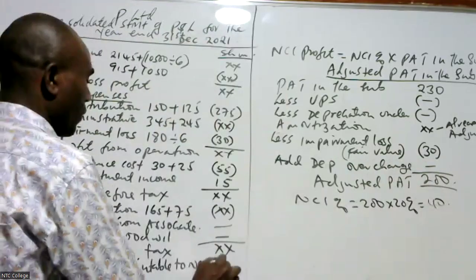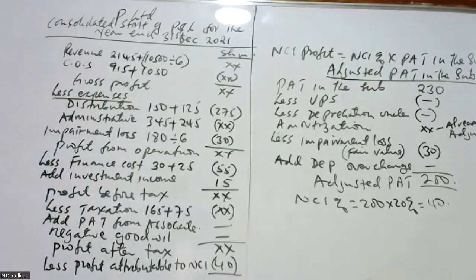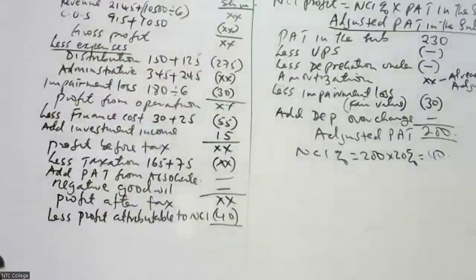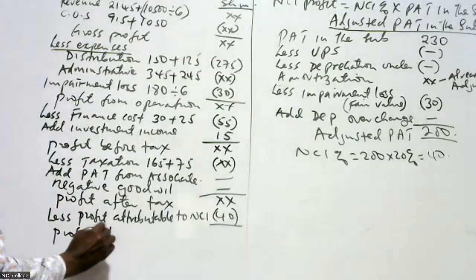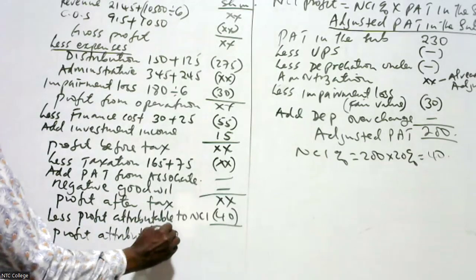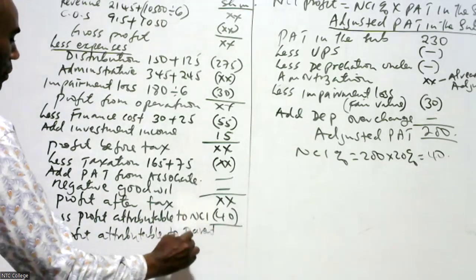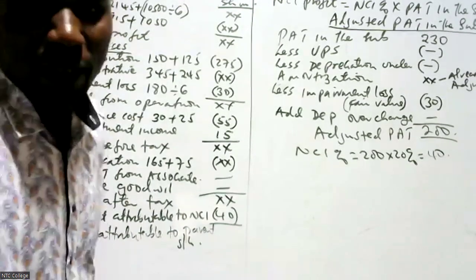Therefore, I come to less 40 there. Then I get what we call profit attributable to parent shareholders.